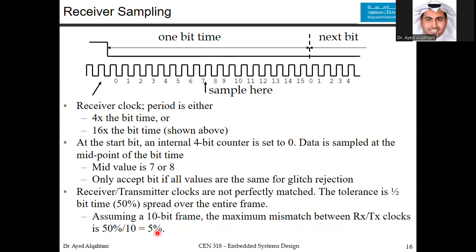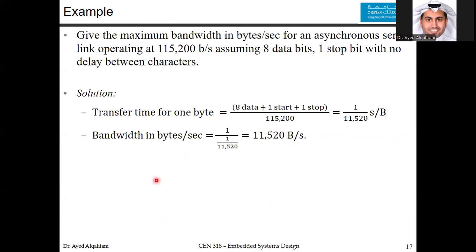Now let's have an example. In this example, you are asked to give the maximum bandwidth in bytes per second for an asynchronous serial link operating at 115,200 bits per second.